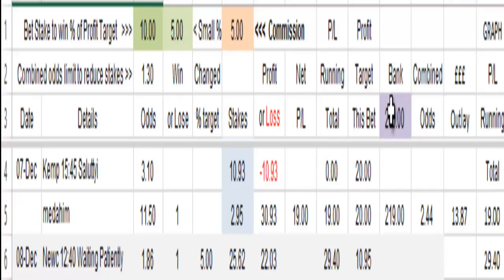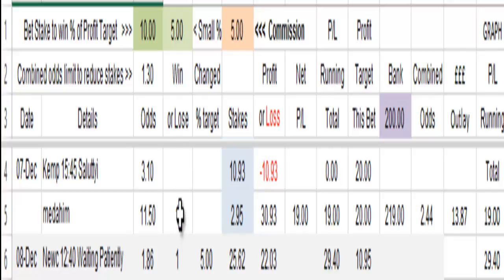This is the bank. Now, as you can see, the first race was Kempton 3:45, and it was Salutee and Madahim. So the odds were 3.10 and 11.50. When it wins, all I do is put a 1 in. If it loses, I don't put anything in. I could put a 0, but I don't.